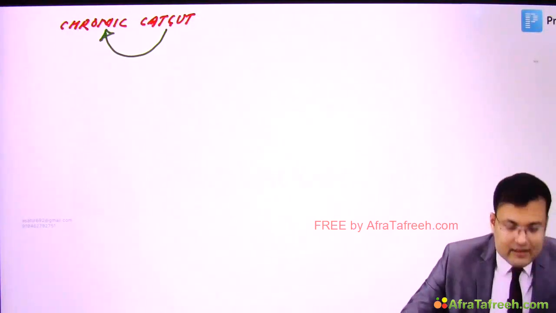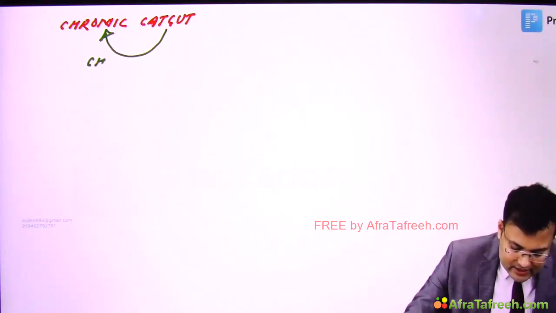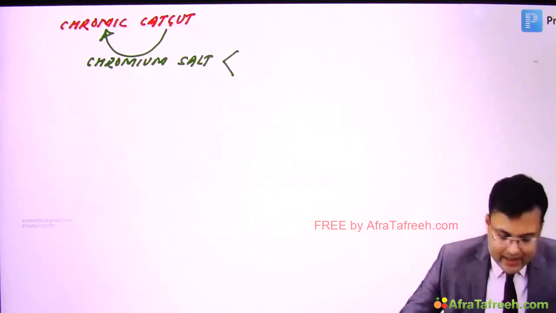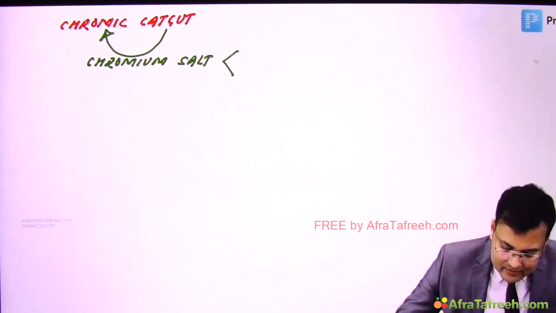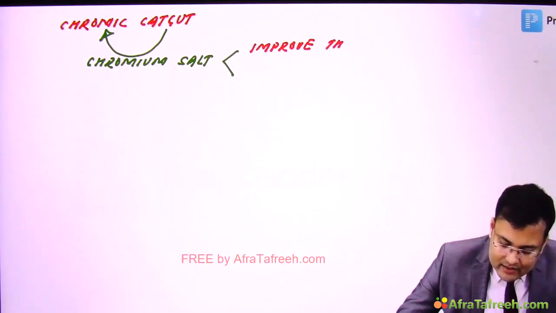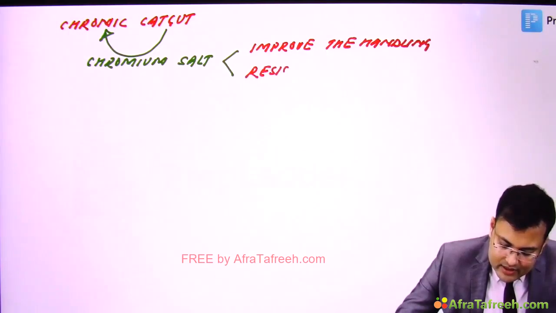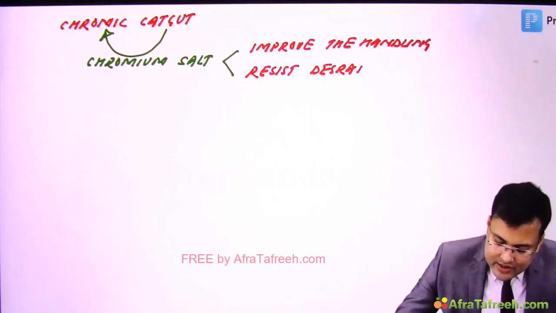So it is self-explanatory here. Catgut is tanned with which salt? It is tanned with chromium salt. Clear? And what is the advantage? To improve the handling. It improves the handling. Clear? And it resists the degradation of suture in tissue.